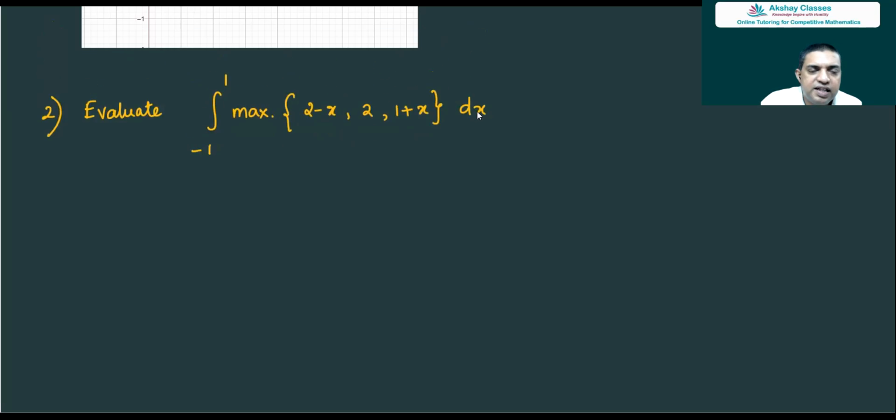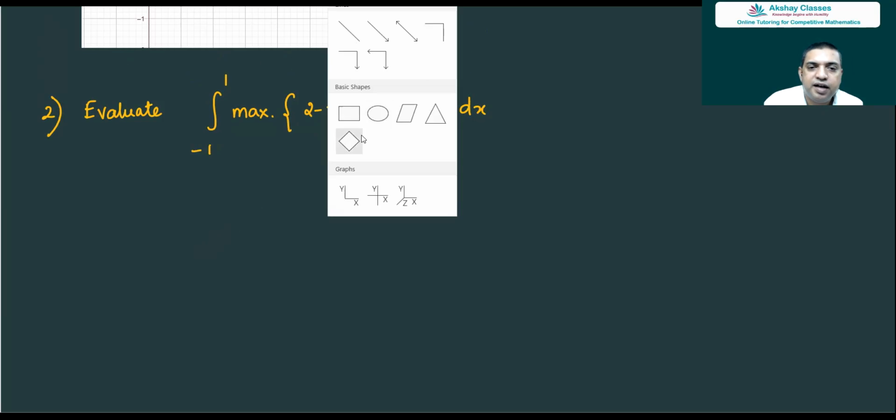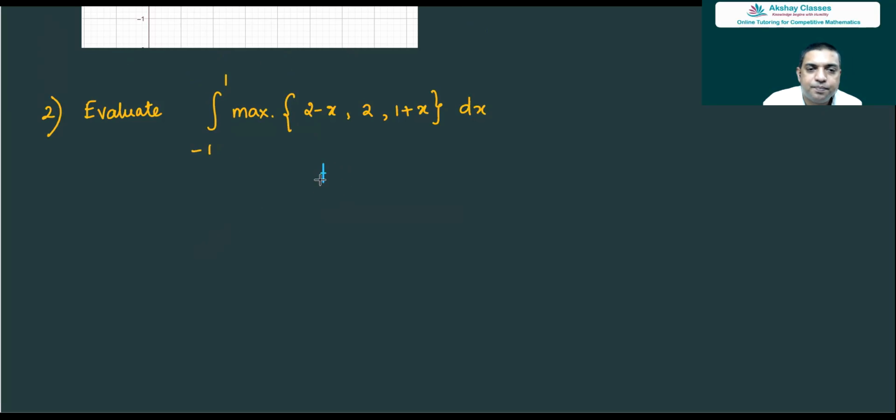Now you will not have the freedom of using a grapher like Desmos or GeoGebra in your examination. You will have to do it by hand. So I'll do this by hand only. Now minus 1 to 1.